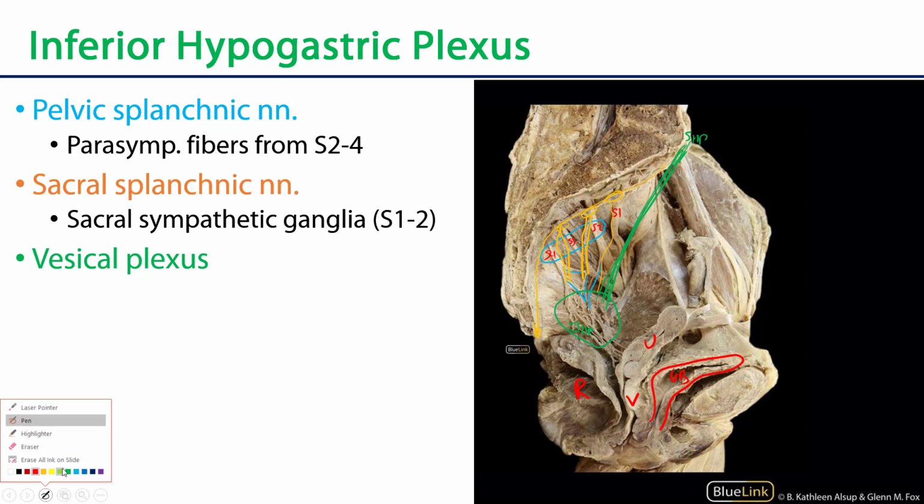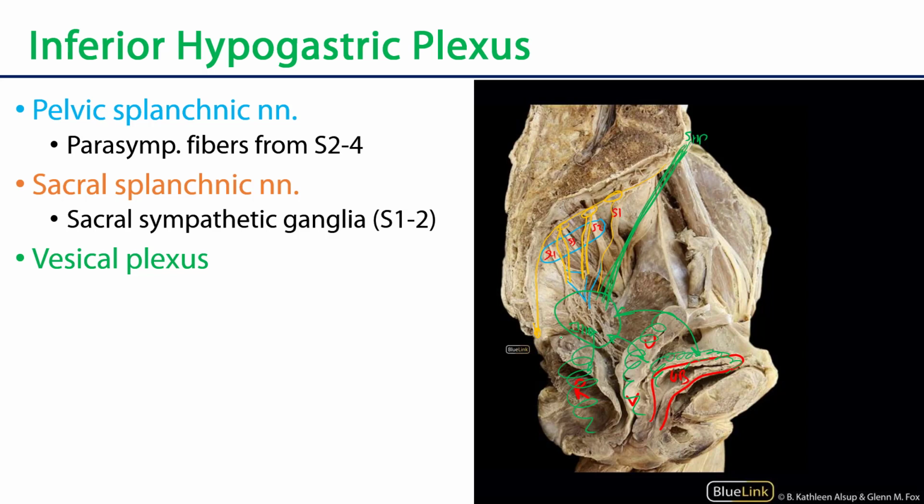With respect to the plexuses that serve these groups, we'll have a vesical plexus coming out and surrounding the urinary bladder. There's also going to be a uterovaginal plexus and a middle rectal plexus. And all of these plexuses are in communication with this inferior hypogastric plexus.